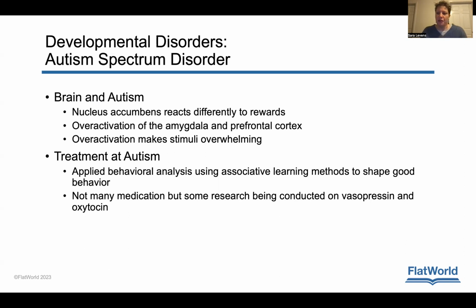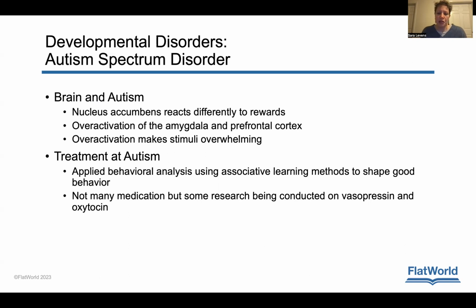But this is not something that's widely available as a treatment for autism. Behavioral analysis using associative learning methods to shape good behavior is probably something that many, many people would benefit from in terms of trying to engage in good habits and potentially correct bad habits.